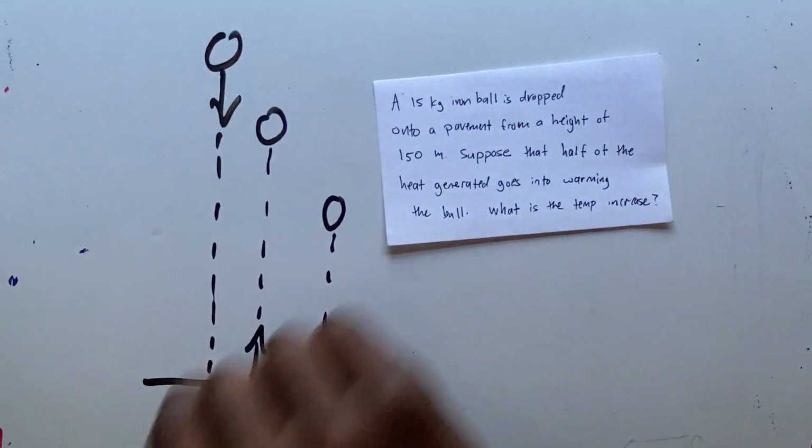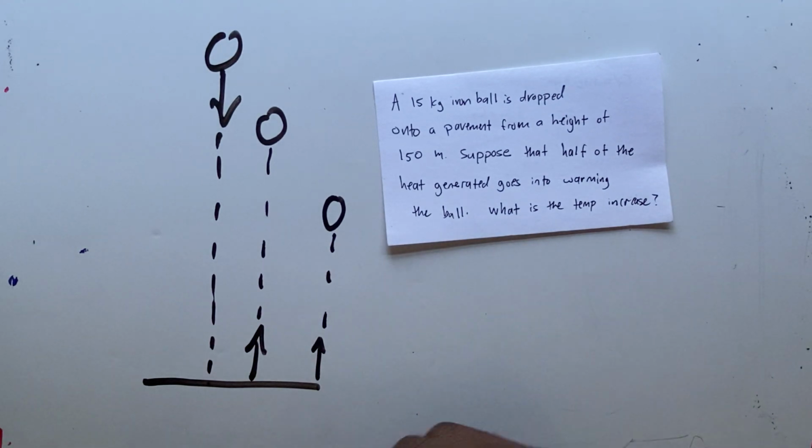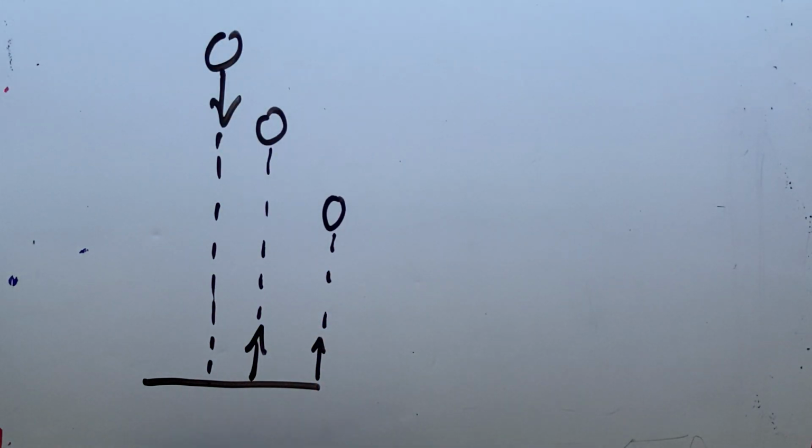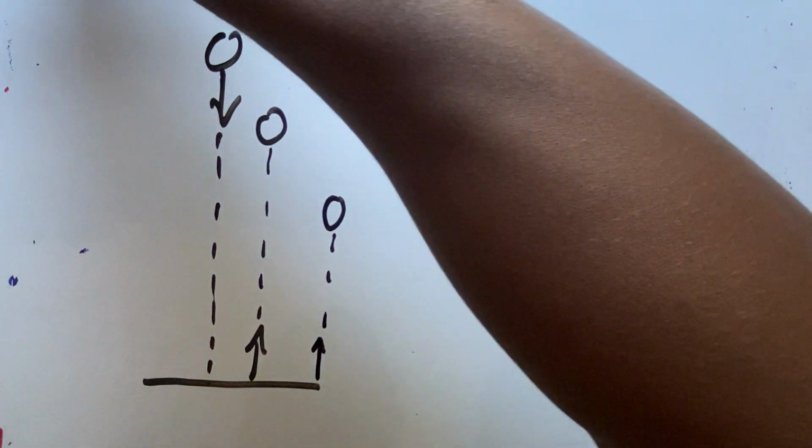So this ball is being dropped from some height, and then half of the heat generated is going into the ball. So let's see how we can solve that. First, let's write out our heat equation.